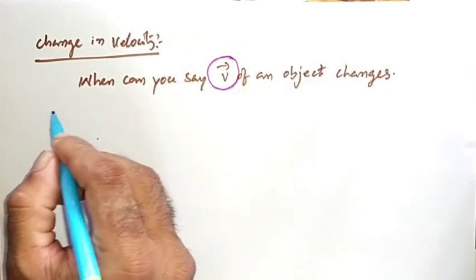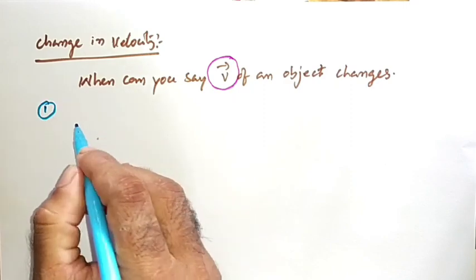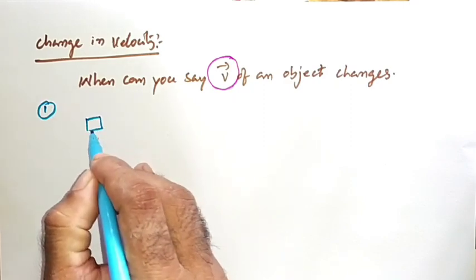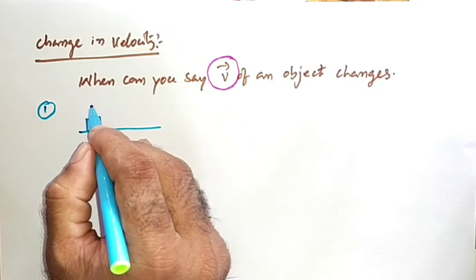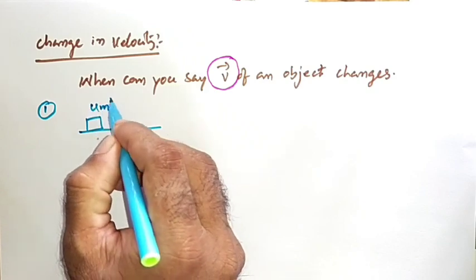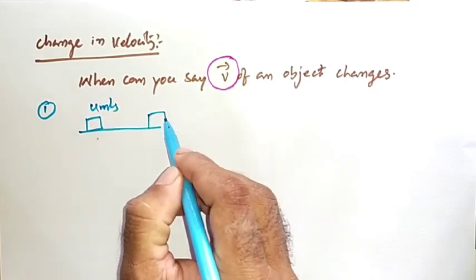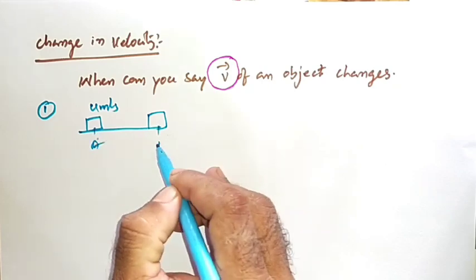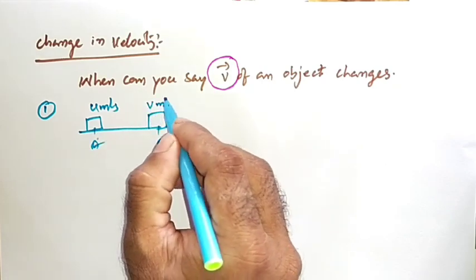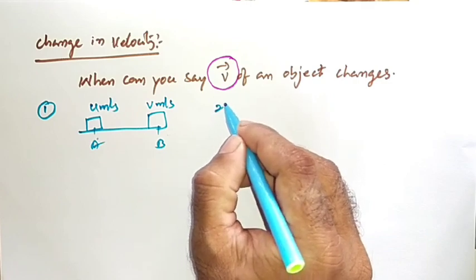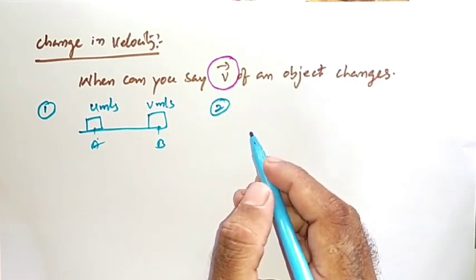Now tell me, first case I am taking. An object moving with a speed u meters per second from point A to B. Here it is v meter per second. This is the first case.